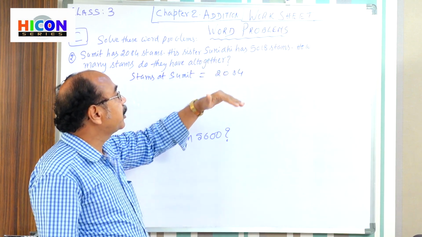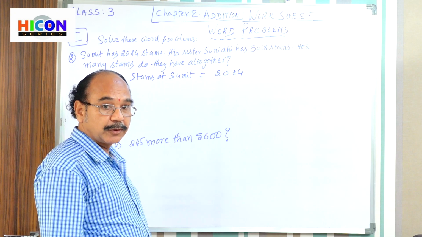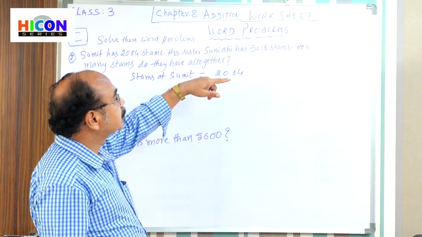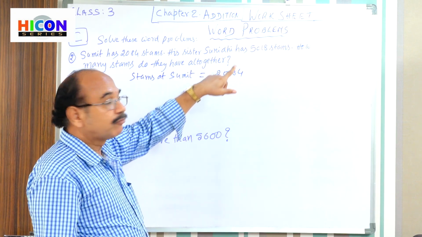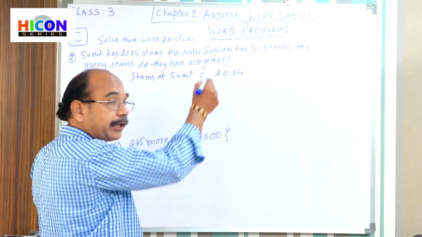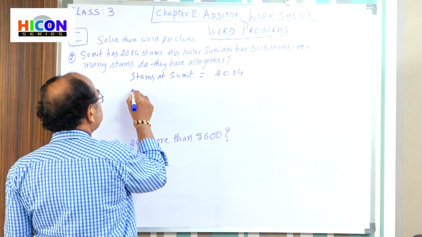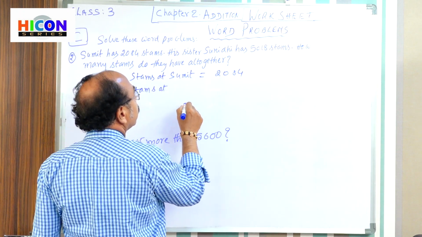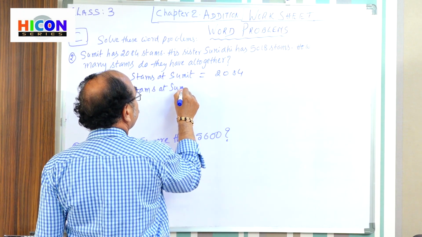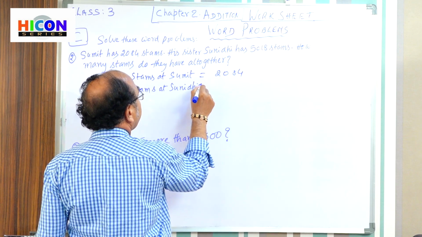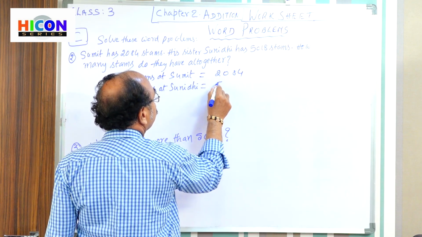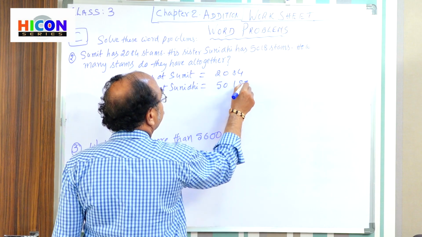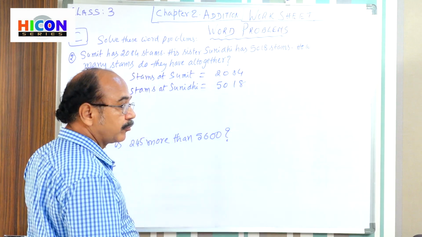His sister Sunidhi has 5018 stamps. So how many stamps at Sunidhi? 5018. We take it as the second step now. Okay.